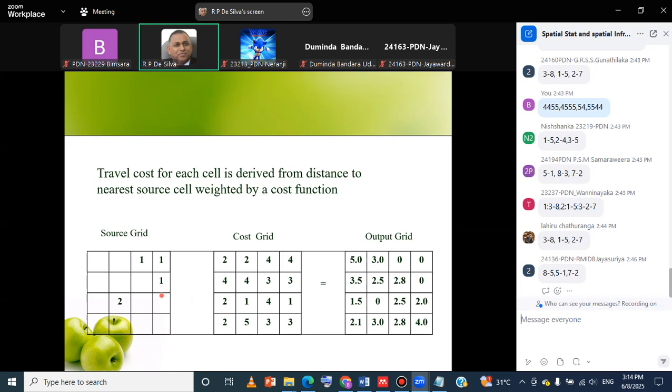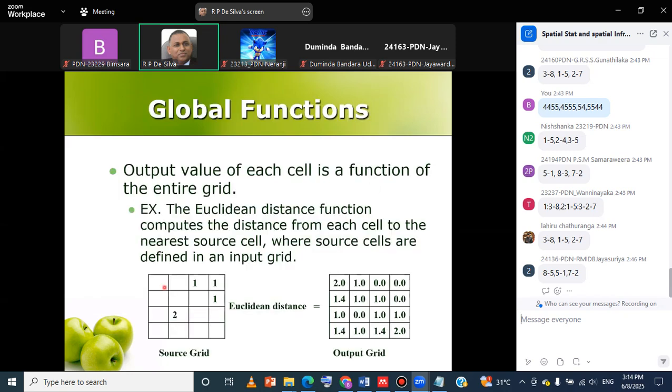Now, if we have the same source grid, we use the same Euclidean distance function, but in addition to that, we have a cost grid. Now look at the first cell here. Value is 2.